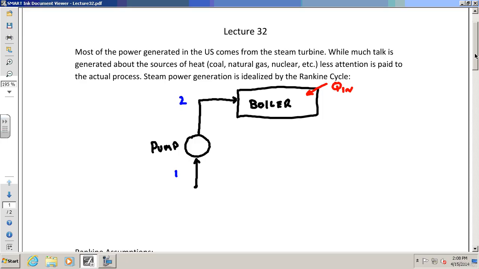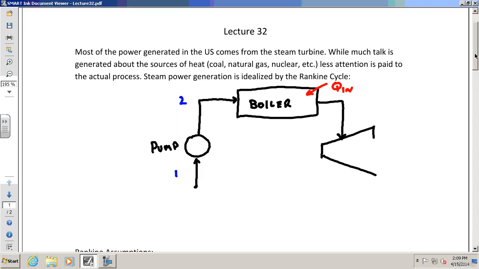I guess it could be just saturated vapor. It's possible that it's not superheated, that it's just saturated vapor. But we probably want it to be superheated. That would be better. Okay, so we've got superheated water, steam, coming out of the boiler. It's at a high pressure, high temperature. And that's the best for taking into a turbine.